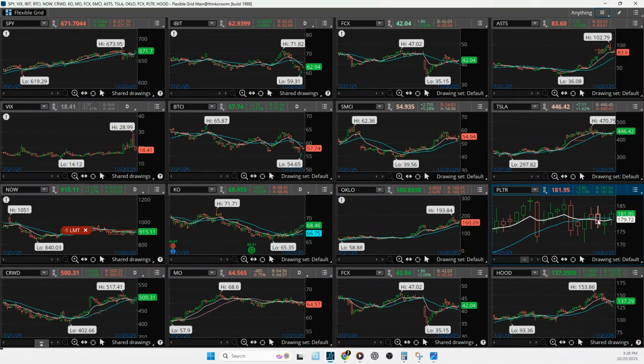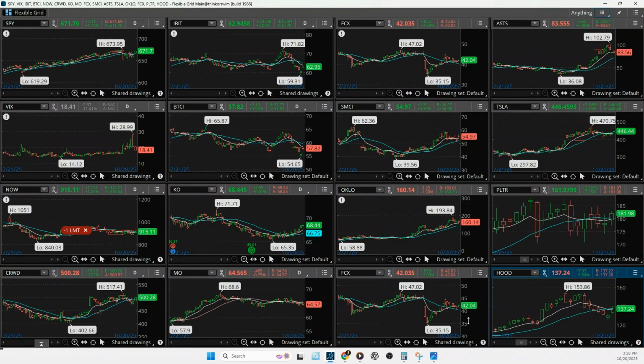Okay, so we don't have a clean distinction between moving averages here, which isn't surprising because a lot of the Mag 7 moving averages look like that, don't they? All kind of clumped together. Let's see. Hood, FCX.